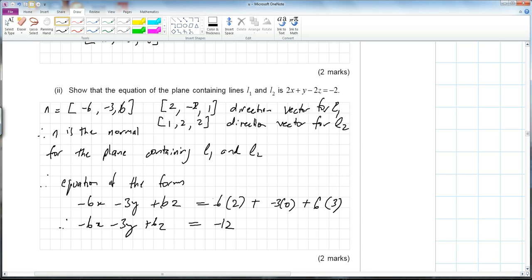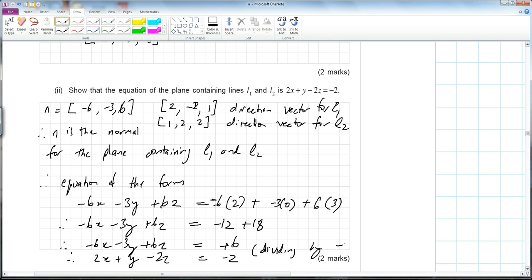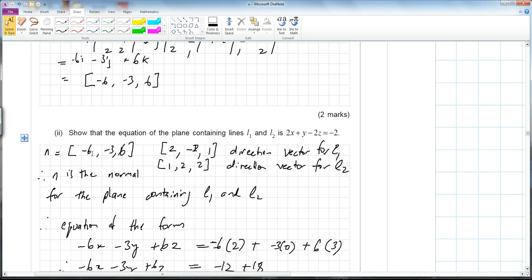So that's going to be minus 12, plus 18. That's plus 6. And finally dividing through by minus 3, so we end up with 2x plus y, take 2z, is equal to minus 2. And there you are, we've got it. So again, we've got a linkage between C part 1 and C part 2 happening there.